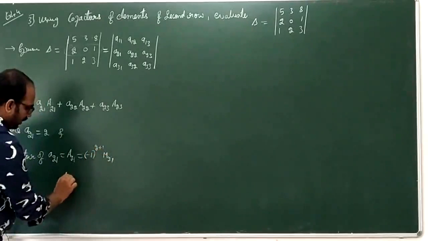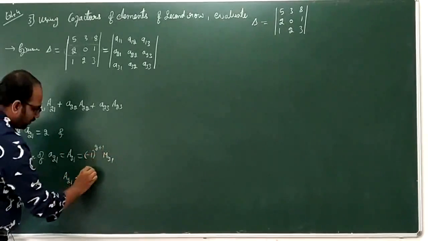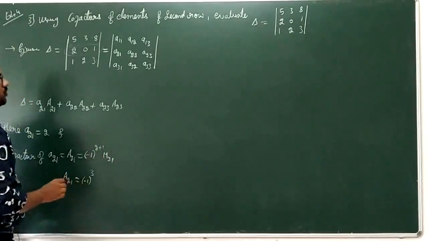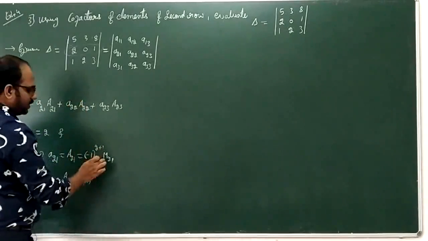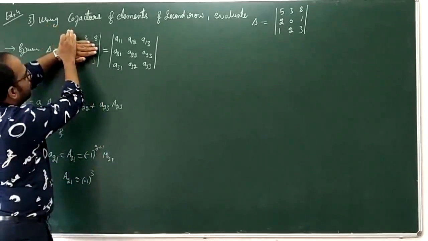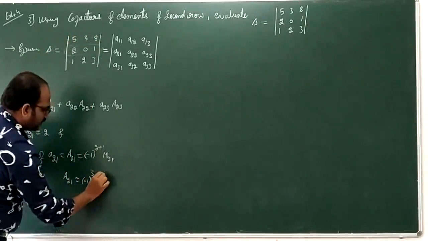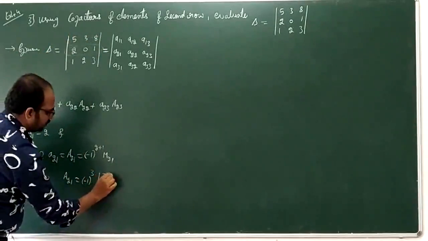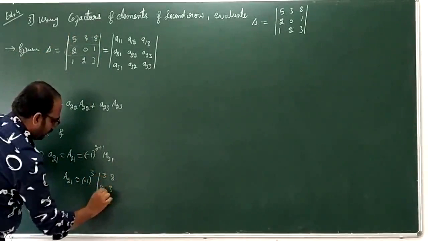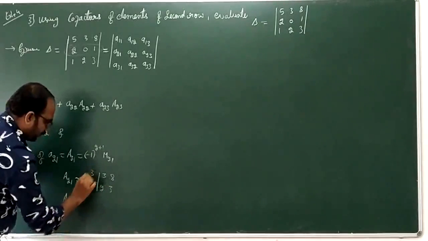That is minus 1 to the power of 3 into minor of 21, deleting the second row and first column. If I am deleting the second row and first column, we will get 3 8 2 3. That is A21 is equal to minus 1 to the power of 3.